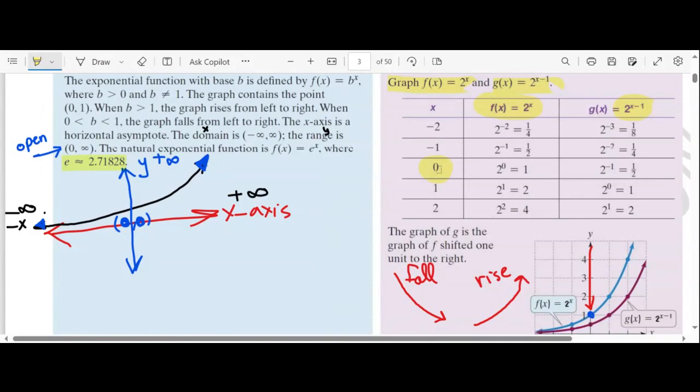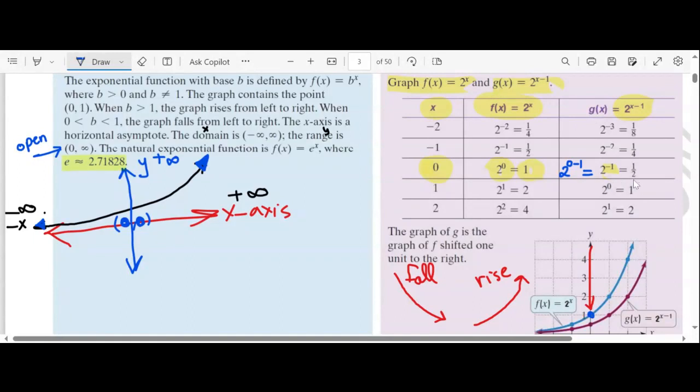Exactly. So if x is 0, it's going to be 2 to the power of 0, how much? 1. Here, 2 to the power of x minus 1, so x is 0, this is 0 minus 1, which is 2 to the power of negative 1.